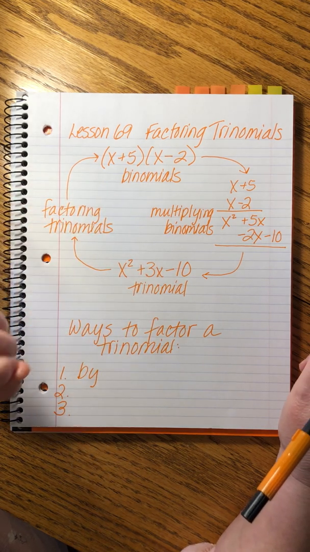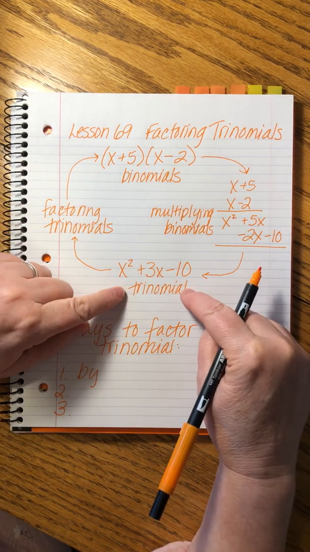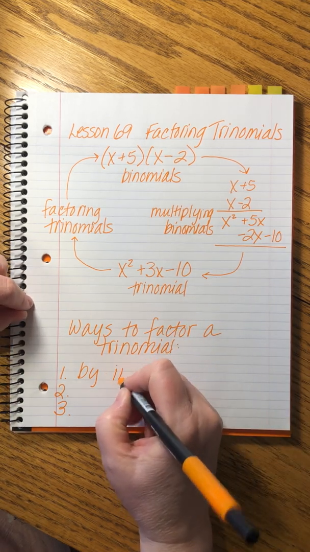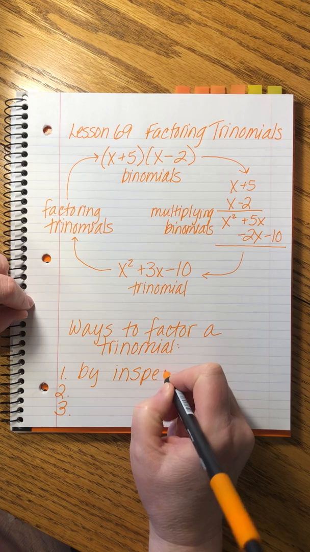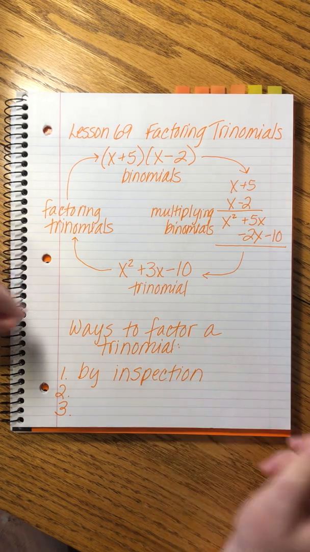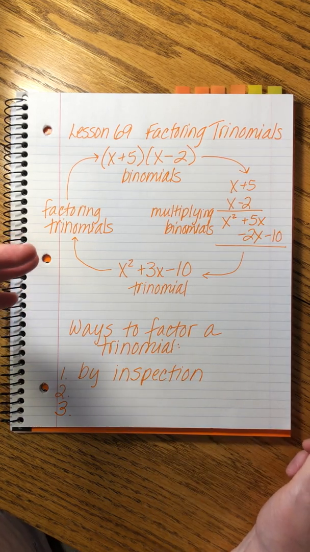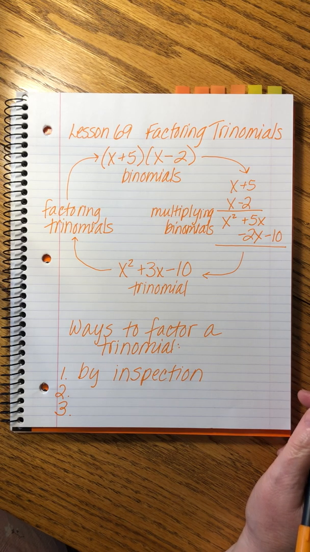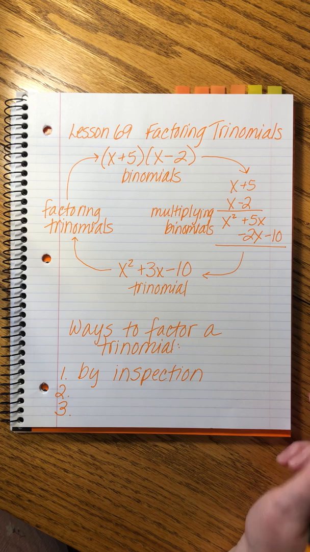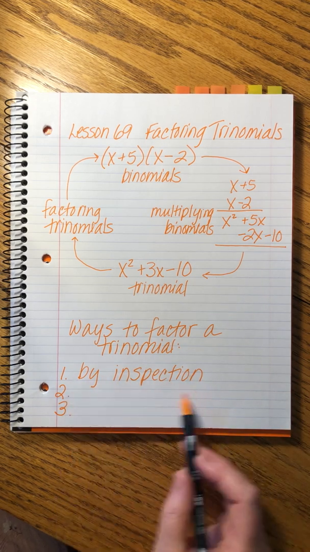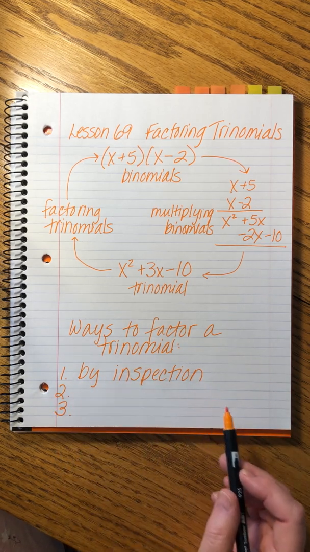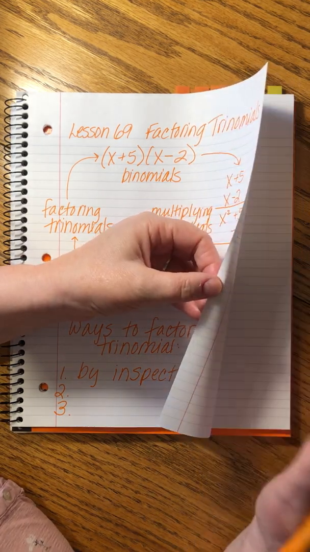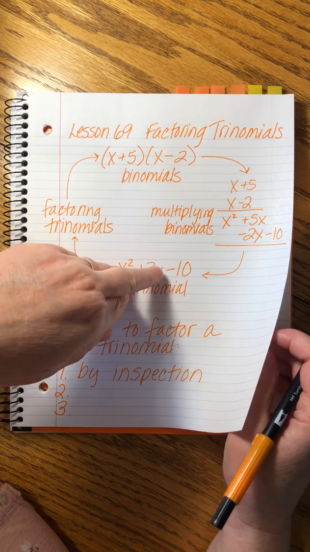One of the ways only works for certain kinds of trinomials, and that's one we're going to work on today because it's the easiest. We call it factoring by inspection, which means simply we just look at it, okay? And we'll be able to figure out how to factor it. So what I'm going to do is cover this one today. We'll be covering these other two as we go, and you'll in the end know 3 ways to factor a trinomial, or as we'll start calling them later, quadratic.